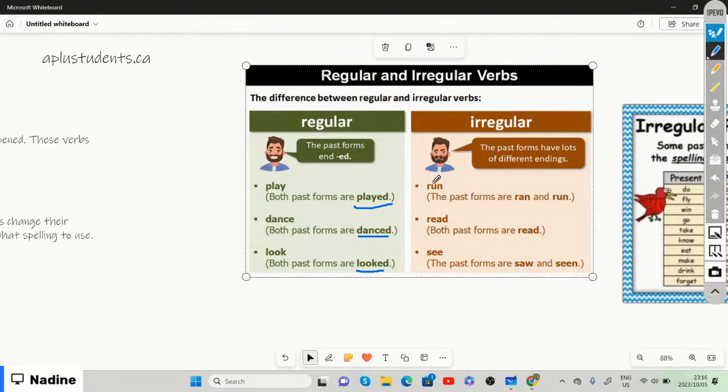And the past tense of run is ran. So run is the present tense, and ran is the irregular past tense of run.